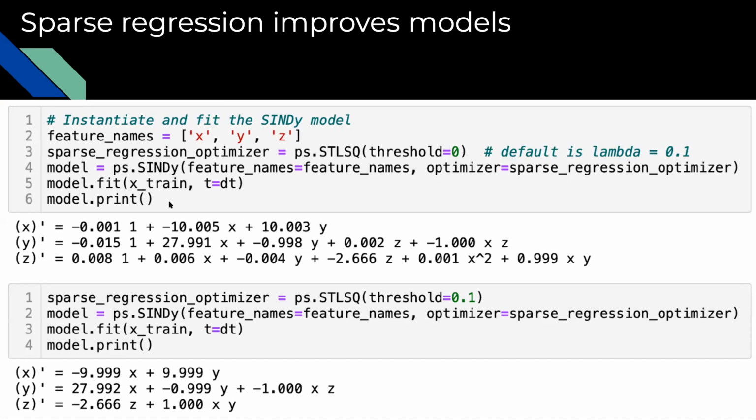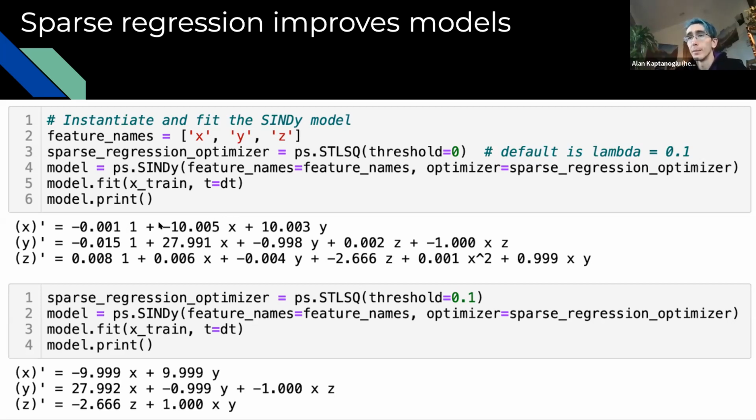And when we print out the model, you can see it basically gets the right model. It's got a -10 on this X term, a +10 on this Y term. And similarly, you can go through the other equations. But you'll notice there are these spurious small terms that are incorrect in this model. This is because it's overfitting to the data, and these spurious terms will get worse and worse as the noise increases.